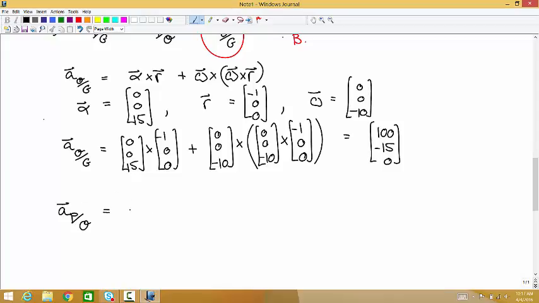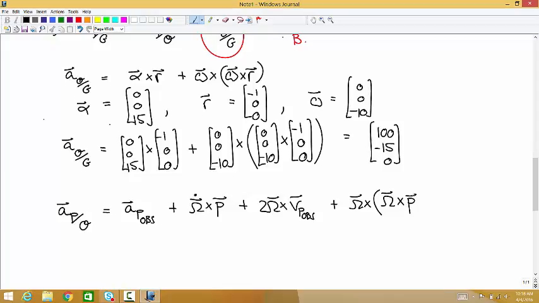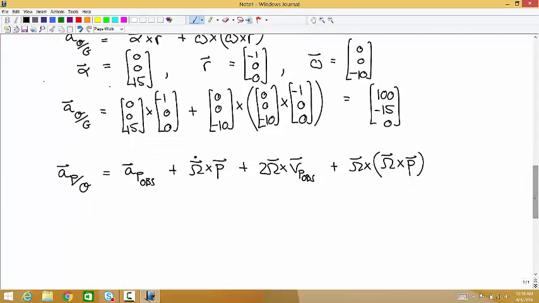So I'm going to write that as the acceleration of P observed, plus the angular acceleration of the coordinate system crossed with the position vector, plus 2 times the angular velocity of the coordinate system crossed with the observed velocity of P, and then plus the angular velocity of the coordinate system cross quantity angular velocity cross P.